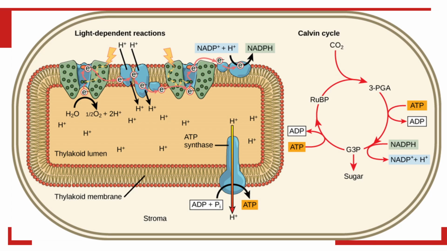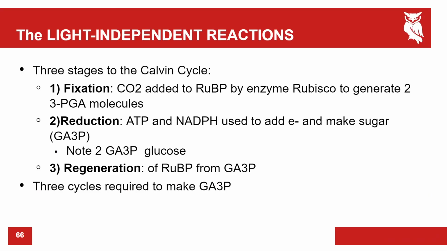All right, this is what it looks like all together. Intake CO2, output sugars by using these energy molecules. You notice it's a circle, that means we always have to regenerate the beginning stage so we can continue it. All right, three stages in the Calvin cycle. Fixation: we add CO2 to RuBP with an enzyme named Rubisco, and this generates two 3-PGA molecules.